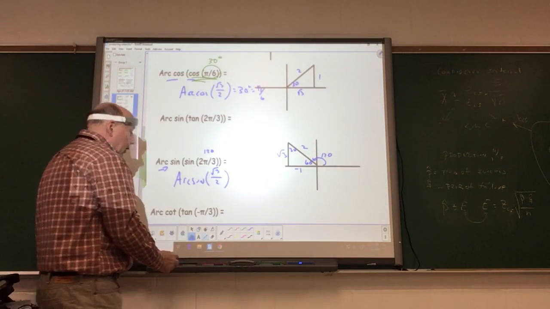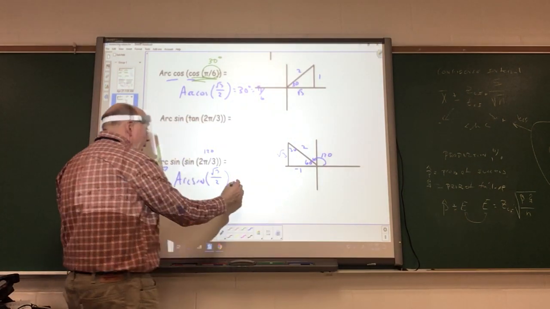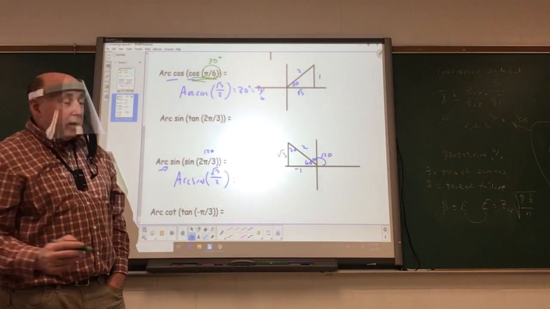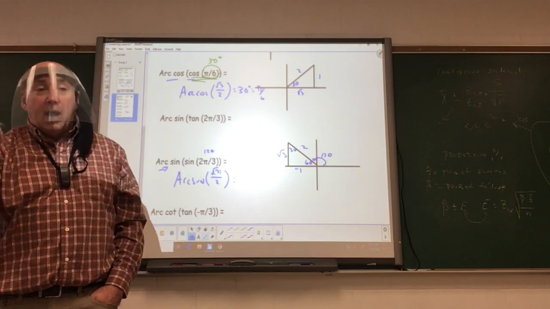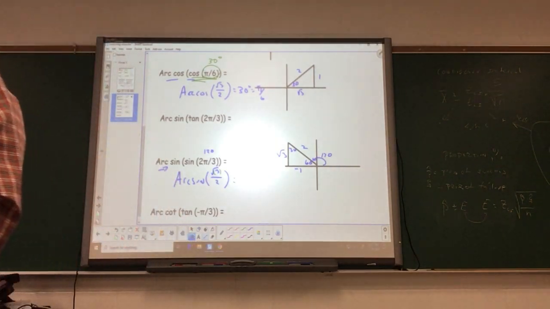So now in my calculator, I can clickety-clack through. Now watch your calculator, make sure you close parentheses out here, or pull yourself out of the radical, which I inevitably would always forget to do. So we have the inverse sine of square root of 3, close your parenthesis out, divide by 2, and then end your parenthesis out.